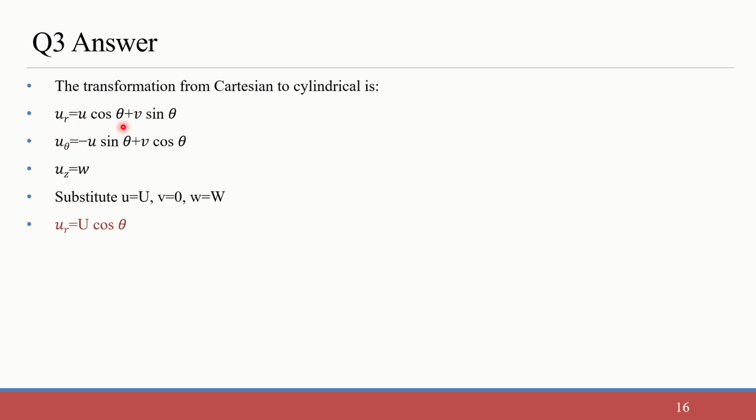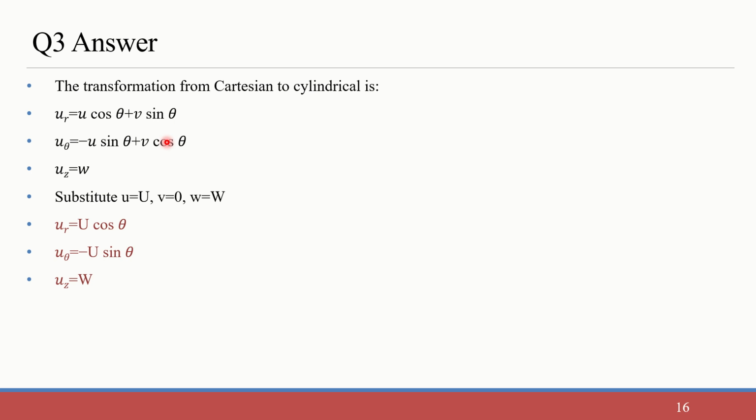And u theta is equal to minus of U into sin theta, again v becomes 0, and uz is equal to W. That is how we transform from the Cartesian coordinates to cylindrical coordinates.